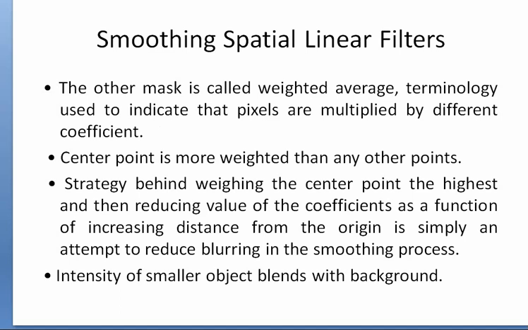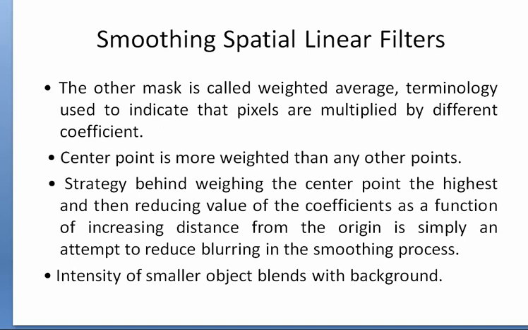After completing the product and sum, the result is f(x,y) into 1 by 9 plus f(x,y+1) into 1 by 9 plus f(x-1,y-1) into 1 by 9. Each value is multiplied by 1 by 9, since the weights are 1 by 9.